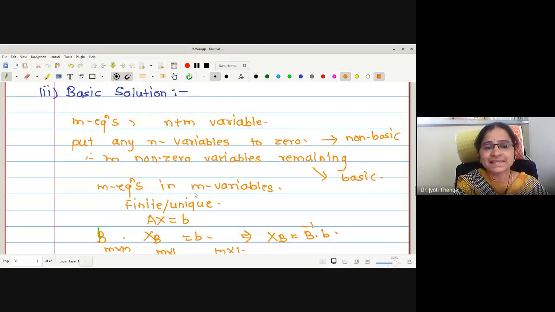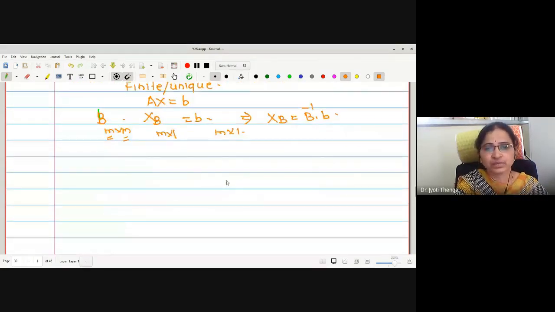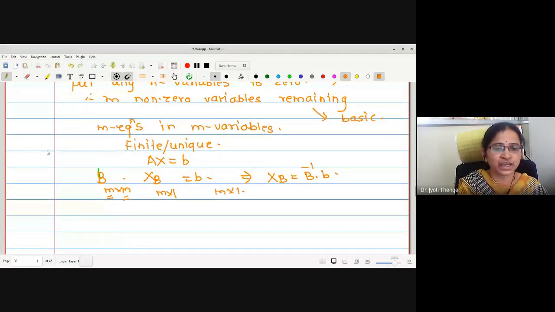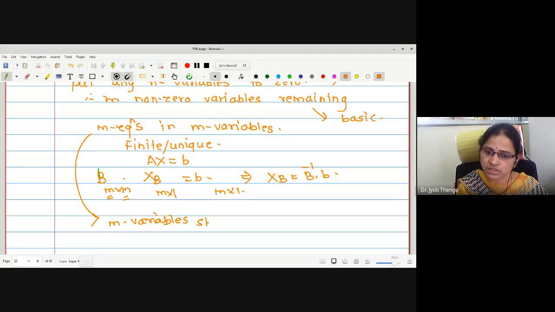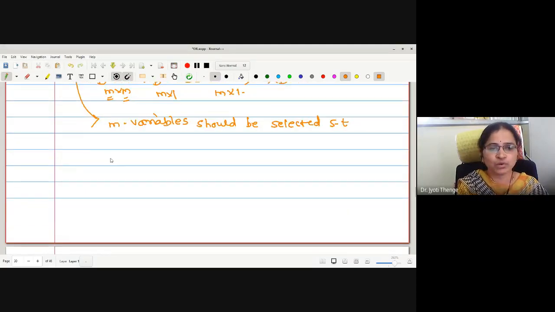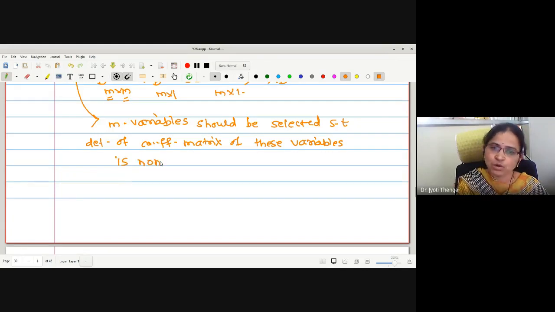Therefore, while selecting the m variables, what is the precaution we should take? The m variables should be selected such that the determinant of the coefficient matrix of these variables is non-zero.